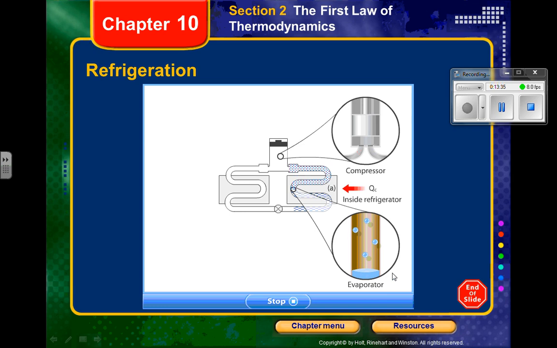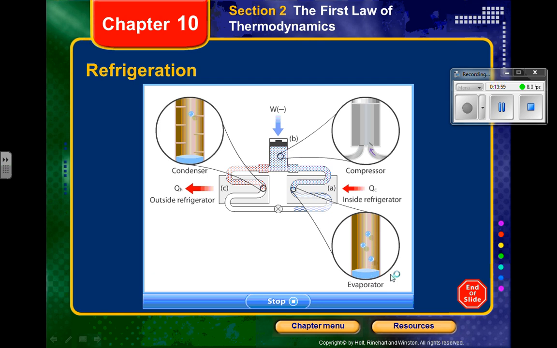No energy enters the gas as heat, so this is an adiabatic process. The compression increases the pressure, internal energy, and temperature of the gas. The gas is pushed into pipes that are mounted on the back of the refrigerator. The pipes are exposed to room air at a lower temperature than the gas, and therefore the gas transfers energy to the outside of the refrigerator.